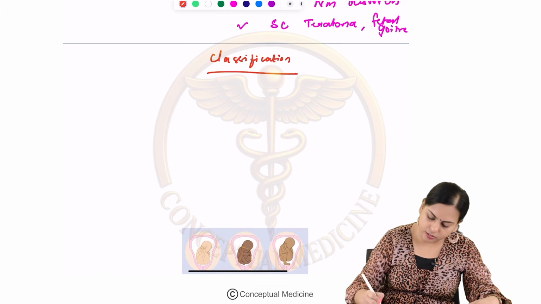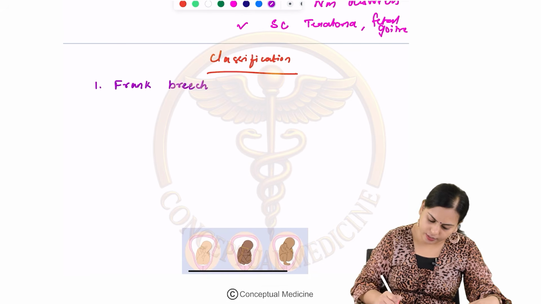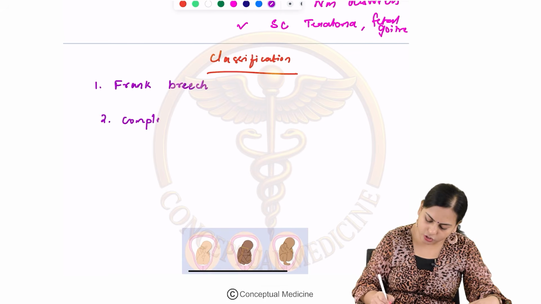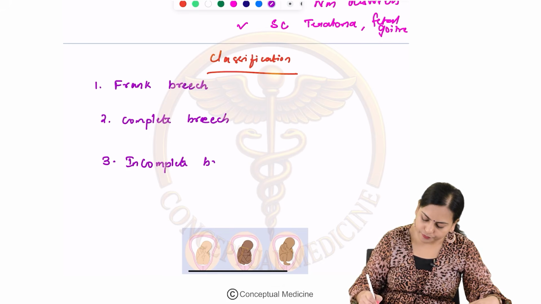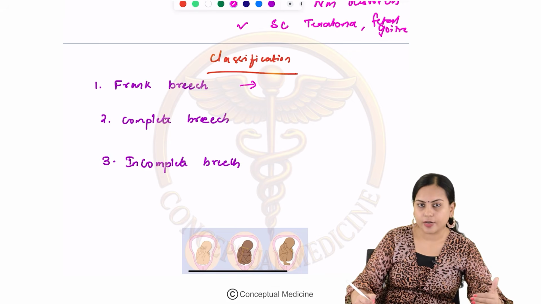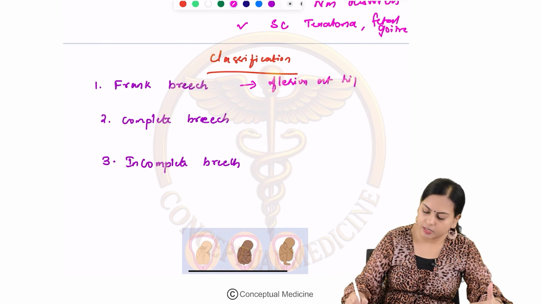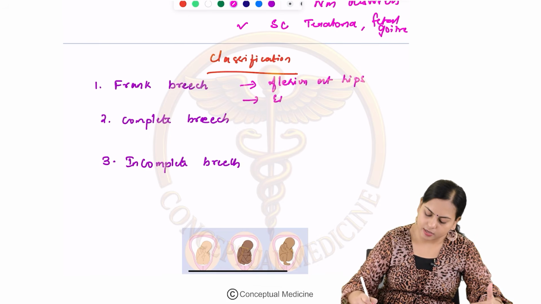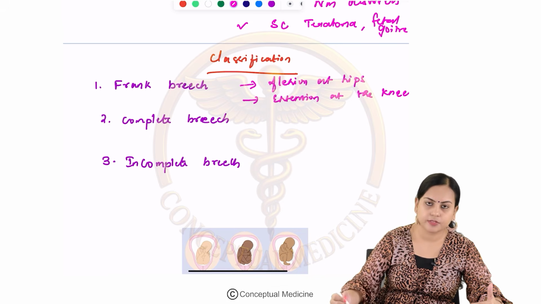Classification of breech presentation includes 3 types. One is frank breech, next is complete breech, and the third type is incomplete breech. What is frank breech? Frank breech is one where there is flexion at the hips of the fetus and extension at the knees of the fetus.